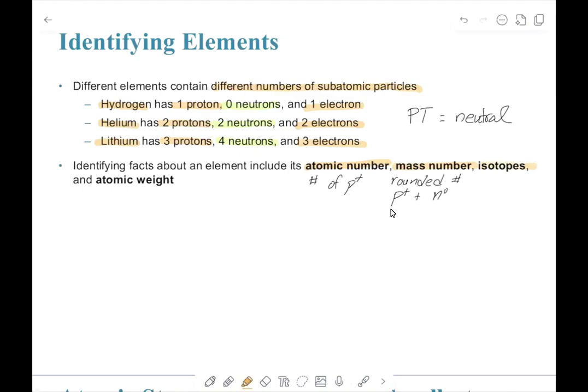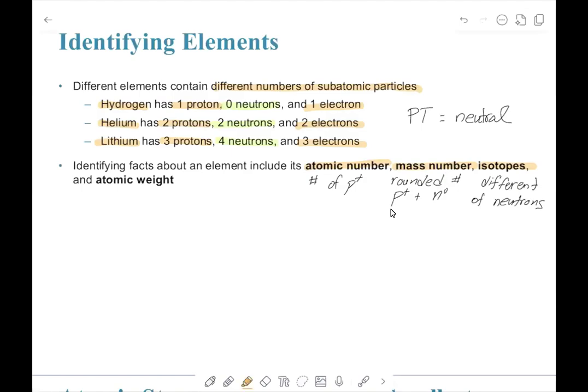An isotope has a different amount of neutrons, and it's kind of a variation of an element. And we'll be seeing an isotope coming up.